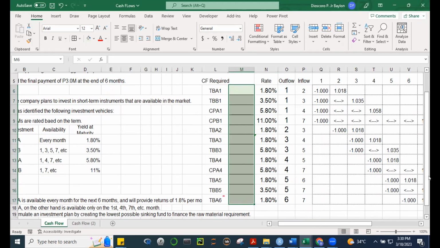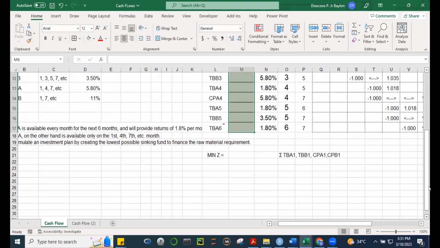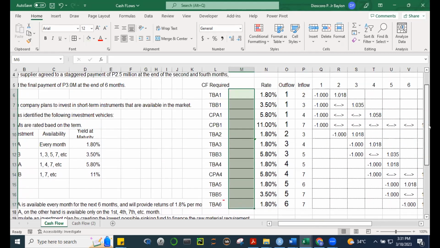Okay, and then our objective function is, what's our objective function? We'd like to minimize the initial investment. The initial investment on month 1, because that's where we're going to set up the sinking fund. The sinking fund will be set up on the first month, therefore, we would want the sum of TBA1, TBB1, CPA1, and CPB1 to be at a minimum.